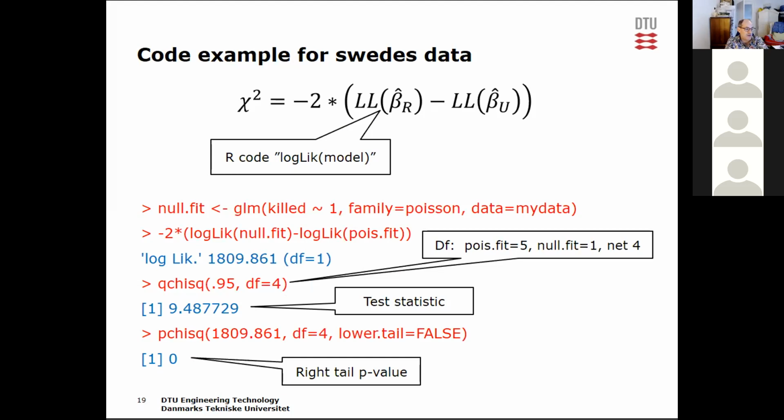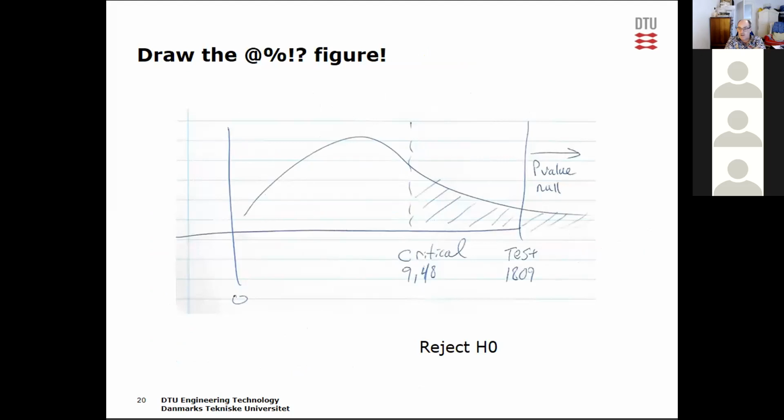If you type in p chi-square and put in your test statistic and your degrees of freedom, and tell it that you're looking for the right side tail, not the left side tail, it will give you the value. And here, it's 0. It's pretty obvious why it's 0 when we draw the picture. Draw the picture, guys. You've got to draw the picture.